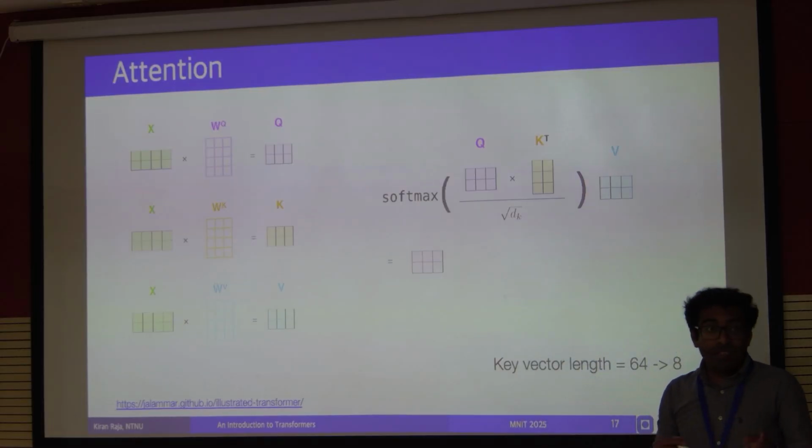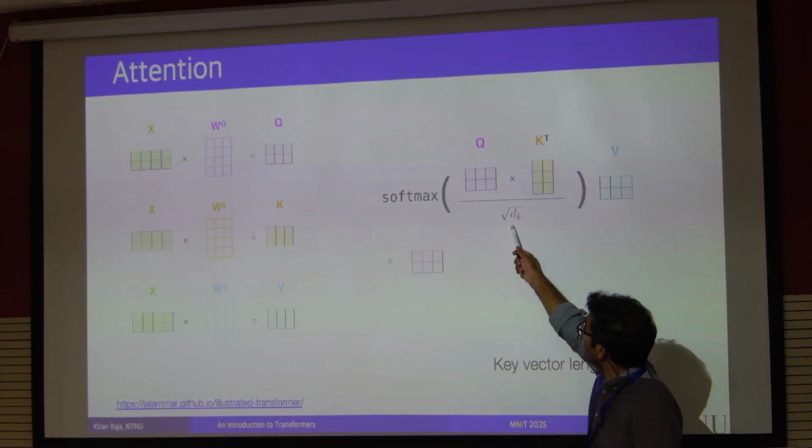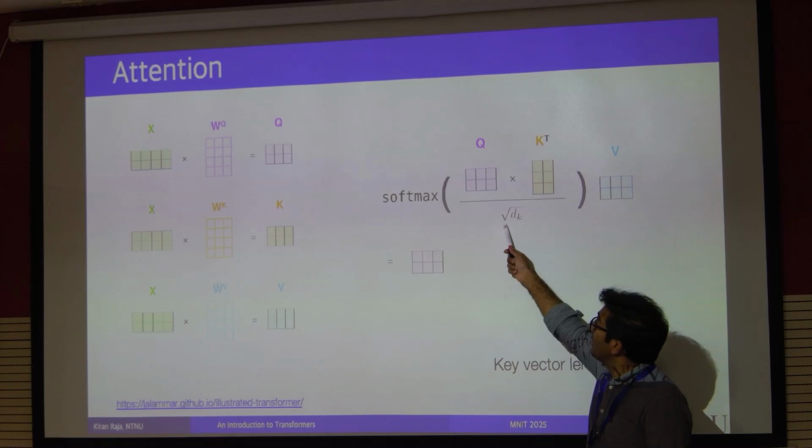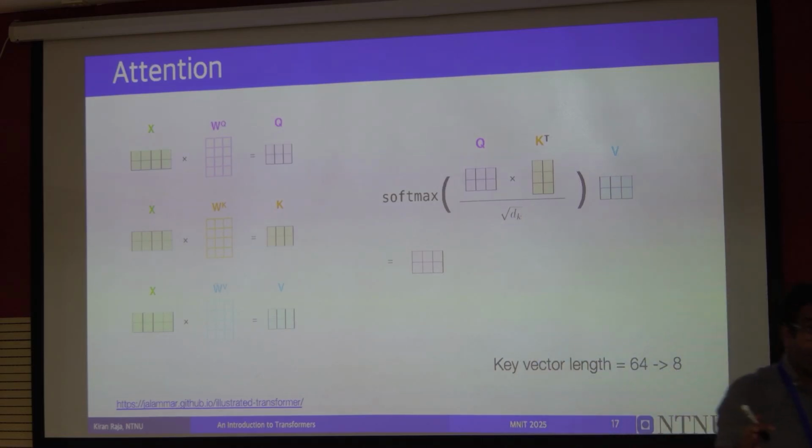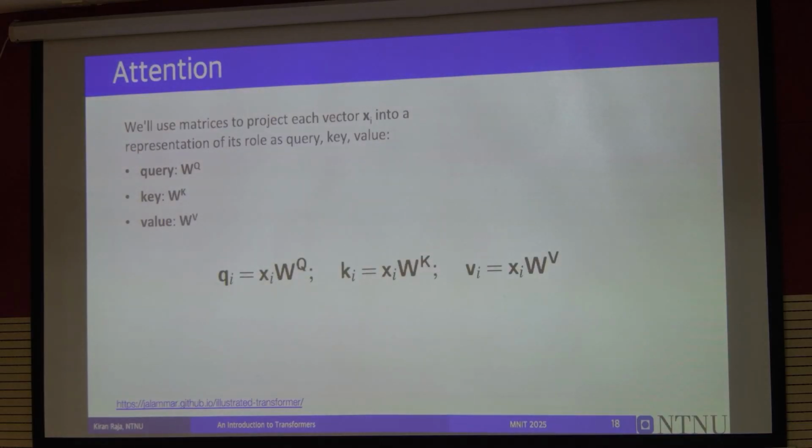And there is a magical term here, this d_k. This d_k is nothing but the square root of your total embedding size. So if the embedding size is 64, you will divide by 8. If it is 512, you will divide by the approximate square root of that. Depending on whatever you are deciding, you will get that. But in terms of mathematical representation, you can now see that it's a simple matrix multiplication, all of them.